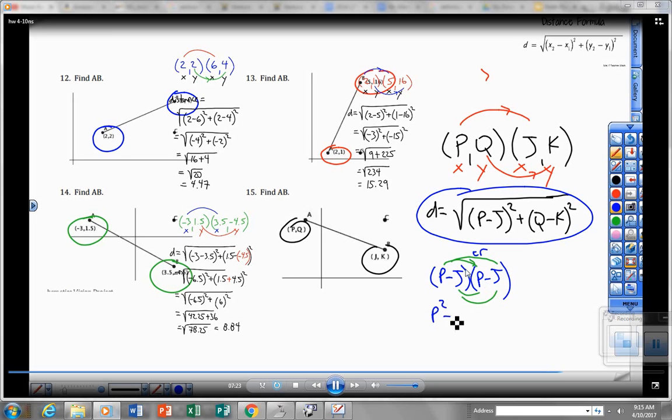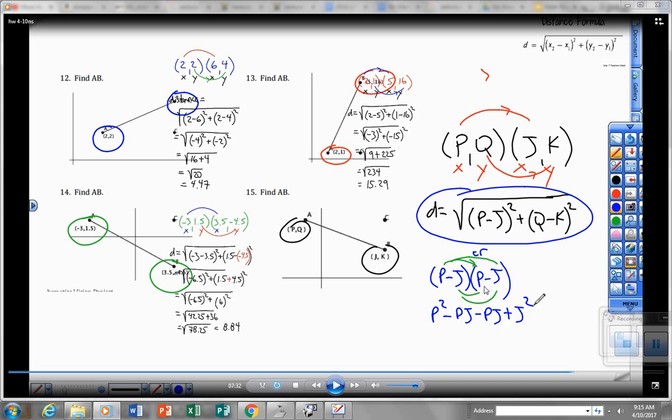P times P gives me P to the second power. P times negative J is negative PJ. When I multiply these two inside ones, I could write that JP, but I'm going to write that consistent with the other one, PJ. These will combine in the middle, but again, P times P, P squared. P times negative J is negative PJ.